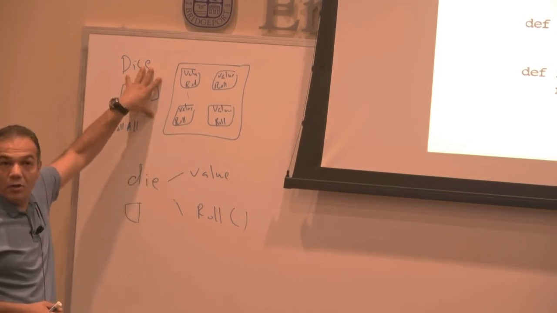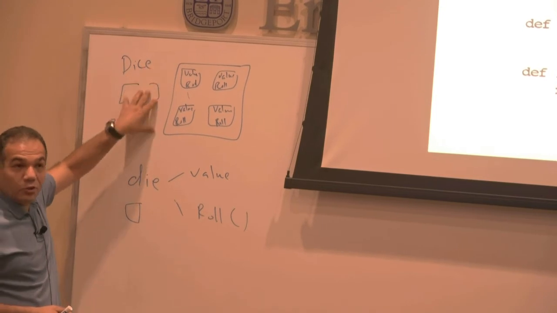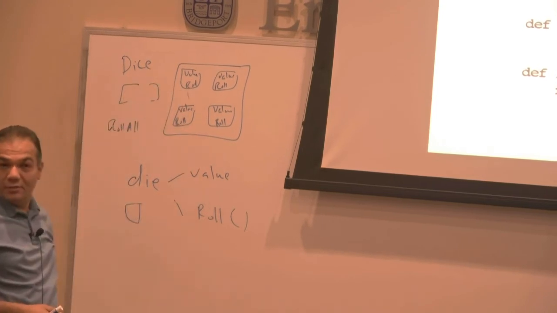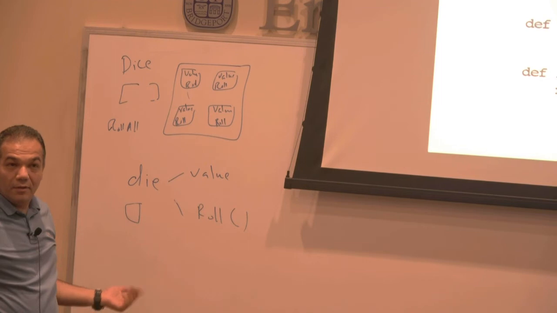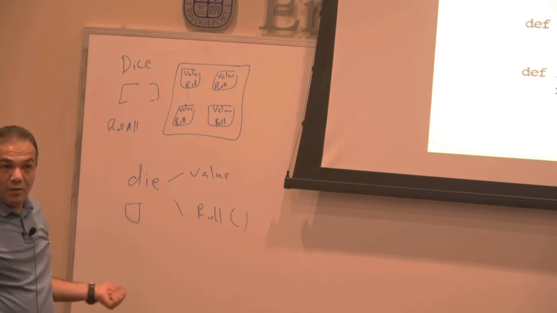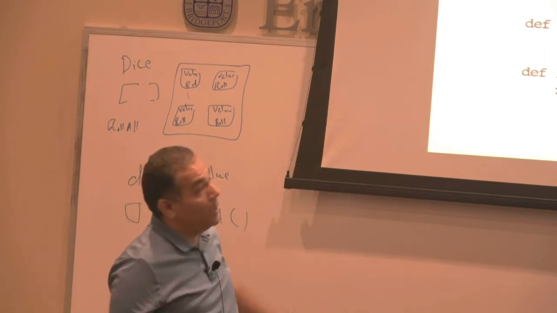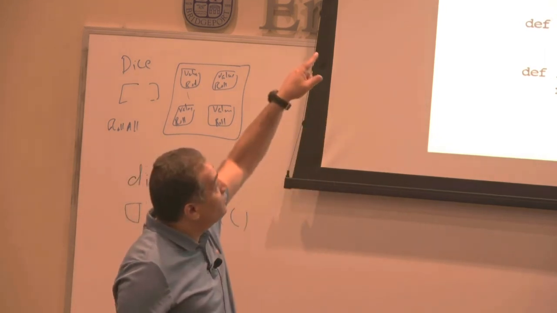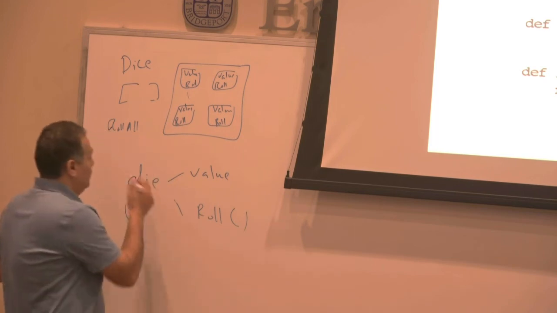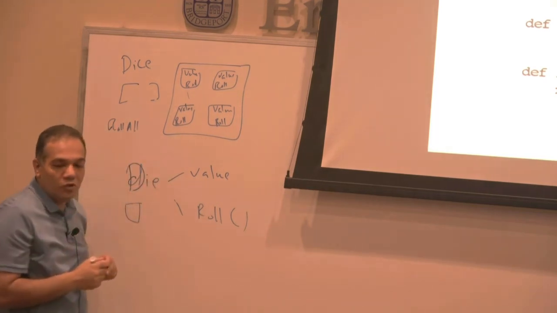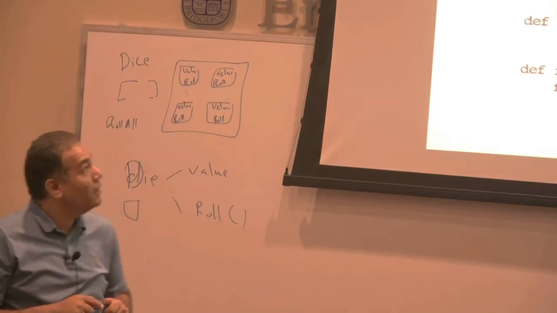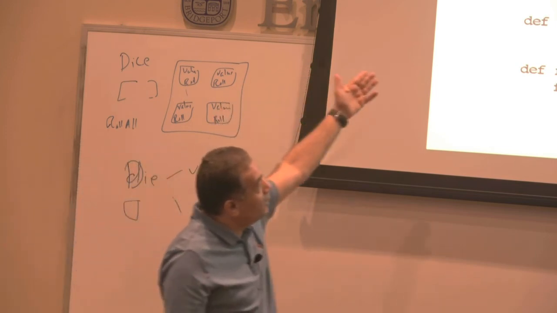Then I'm building a bigger object built of smaller objects. Clear? Okay? So, 2 classes. How many classes do you see in here? 2 classes. What is the first class? Die. This one. By the way, it's always good to start a class name with a capital. And the second, Dice, in here.